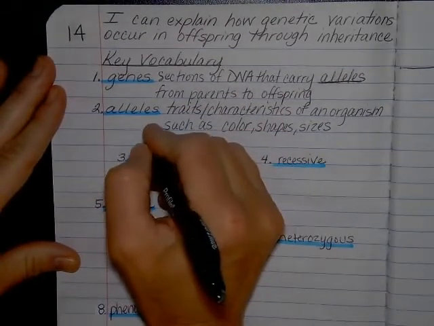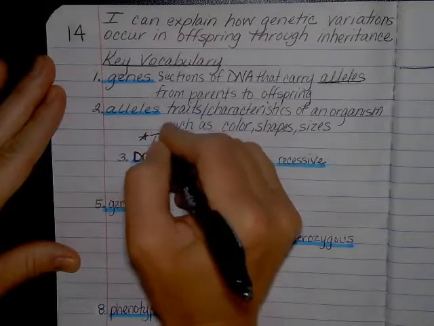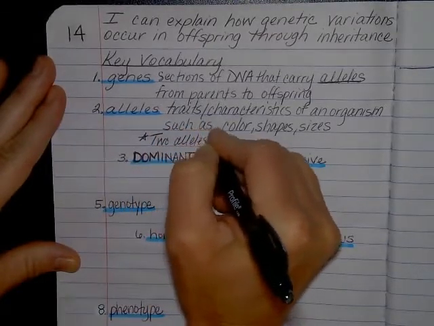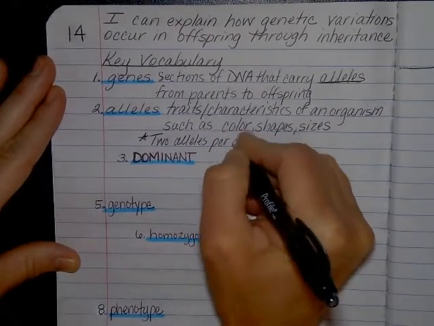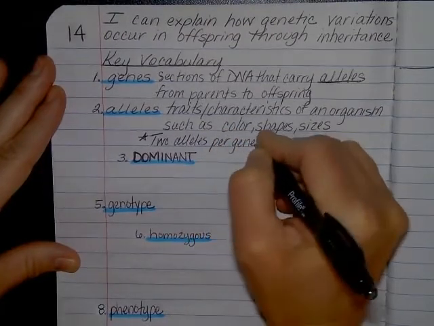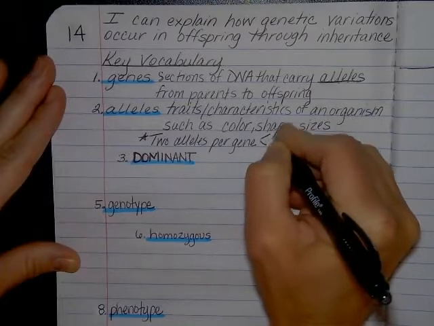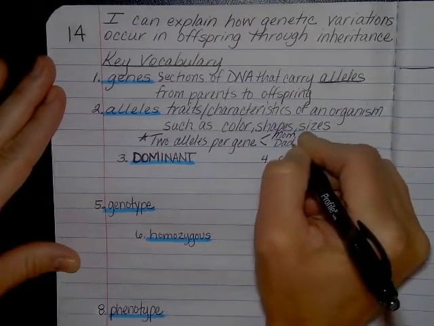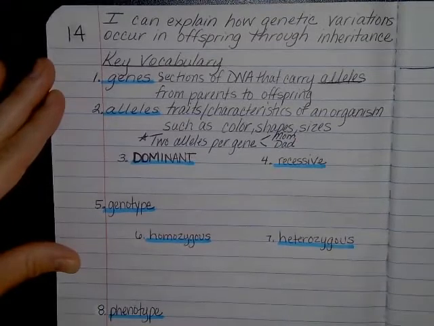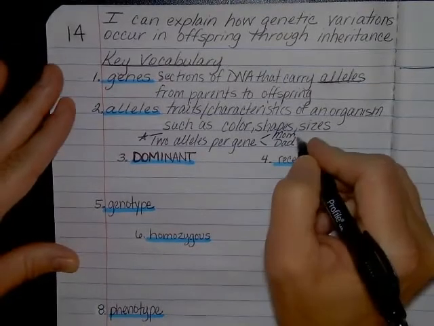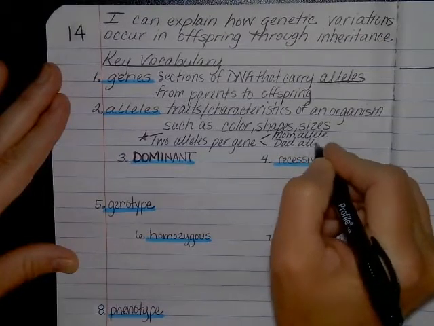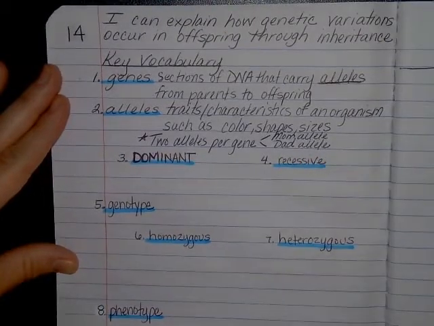So we need to put a little note here that there are two alleles per gene, which would be the mother, whatever the mother contributes, her trait, and the dad contributes his trait. So the mom allele and the dad allele per gene.